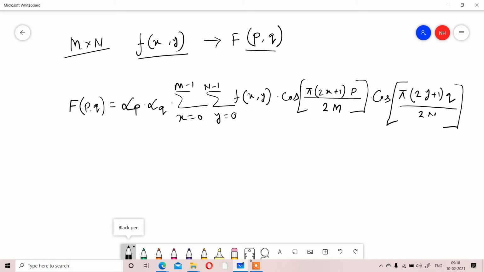So that is the formula to calculate the DCT of an image f(x,y) which has a size of m cross n.